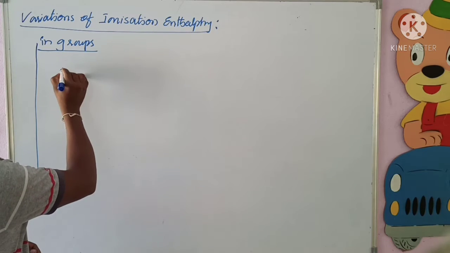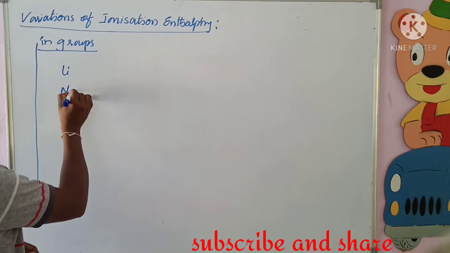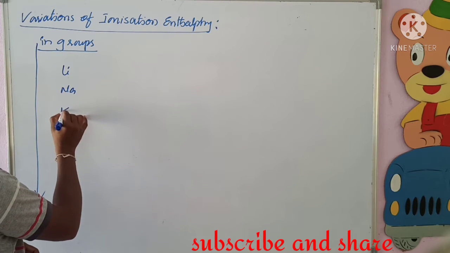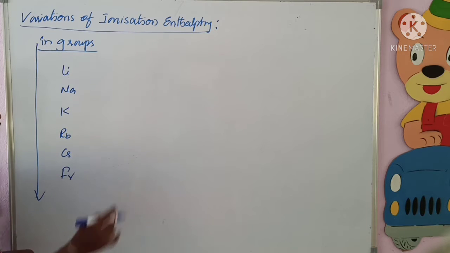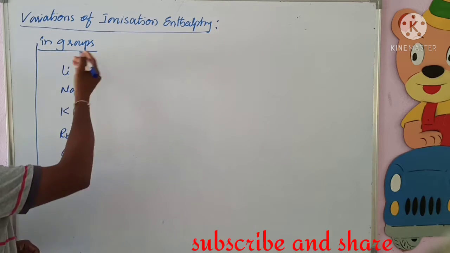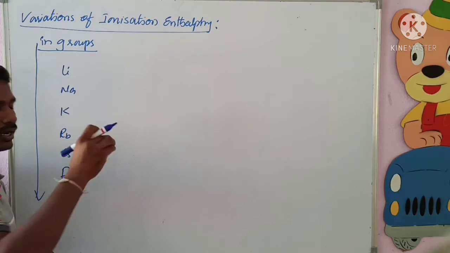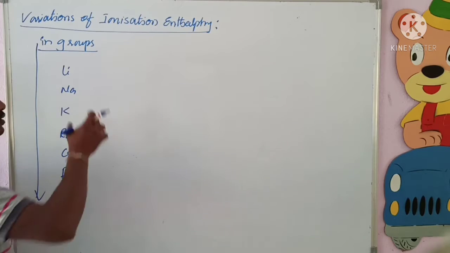The elements are lithium, sodium, potassium, rubidium, cesium, and francium. In the first one, hydrogen is also there. Hydrogen is not in the exact position of a first group element. The position of hydrogen is not decided up to here. The major first group elements are these.